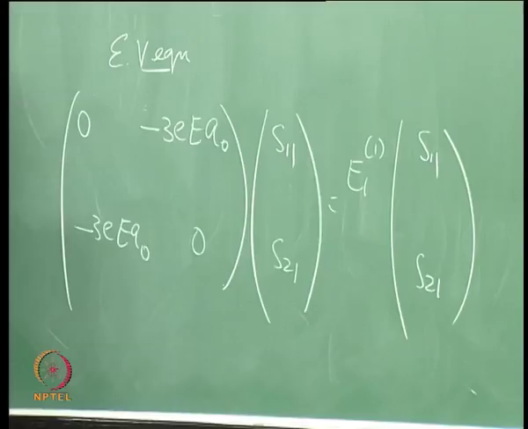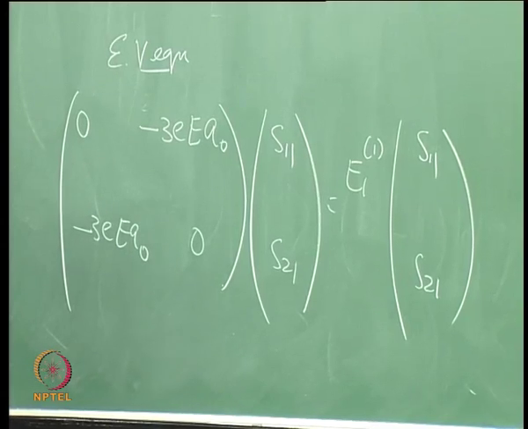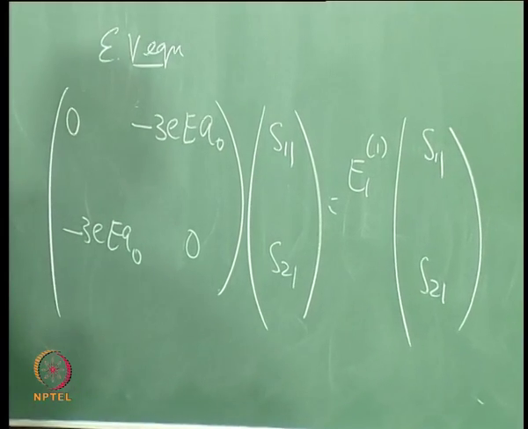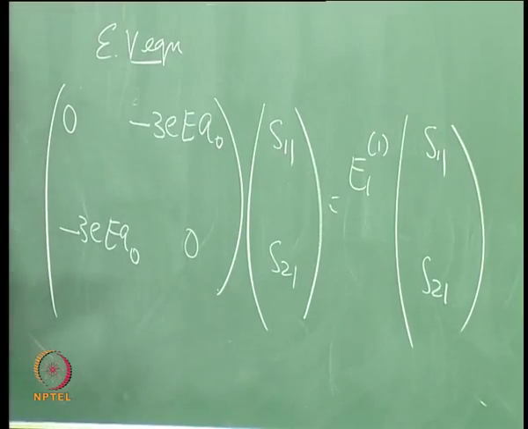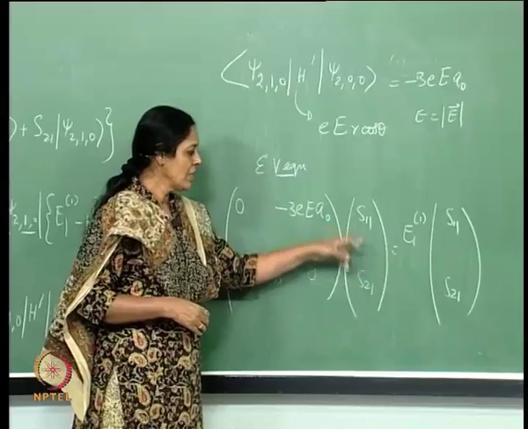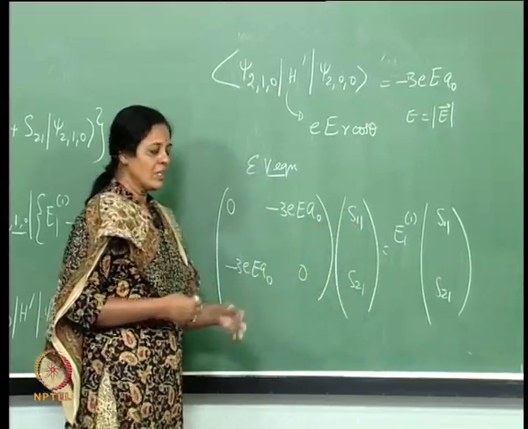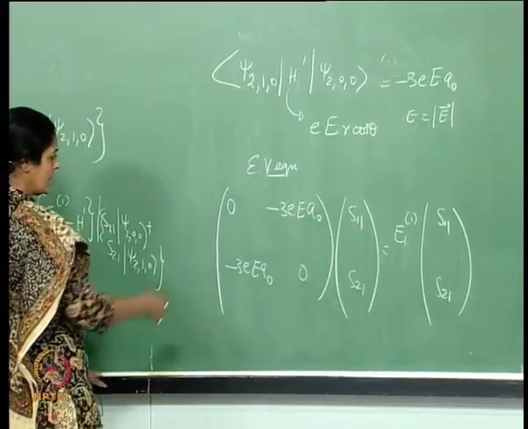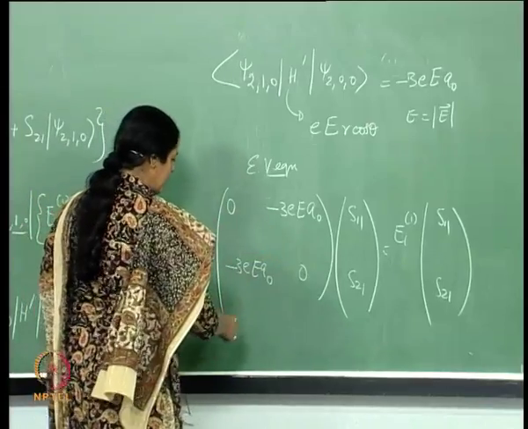What is it that we are trying to do? We are diagonalizing the perturbing Hamiltonian in the superposed basis. So, we are using components S11 and S21 and working in that basis. So, now the eigenvalues can be got.